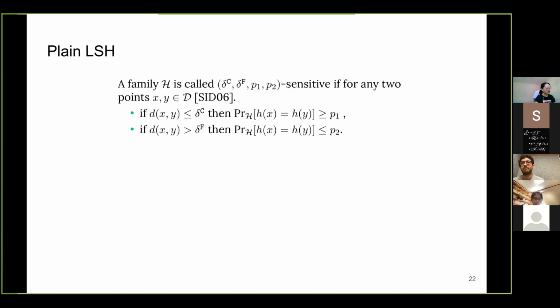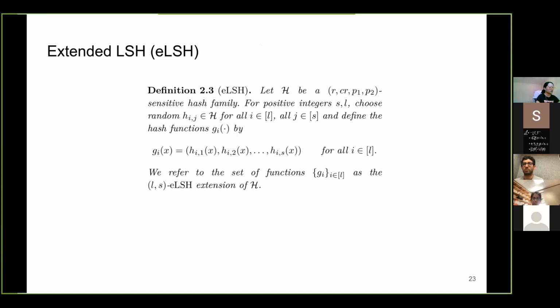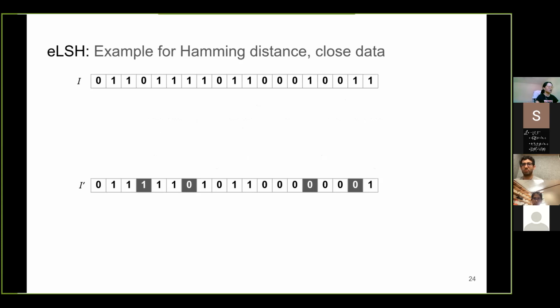Locality sensitive hashing is basically a vector of random hash functions, and the closer the data, the more likely they share identical hashes. And for the extended version of LSH, we denote it ELSH. We say that if two points share at least one hash, they are close. Otherwise, we say they are far. And we provide an illustration here for clarity.